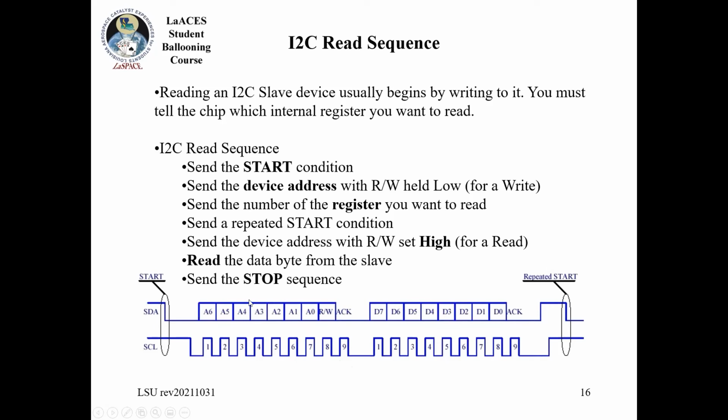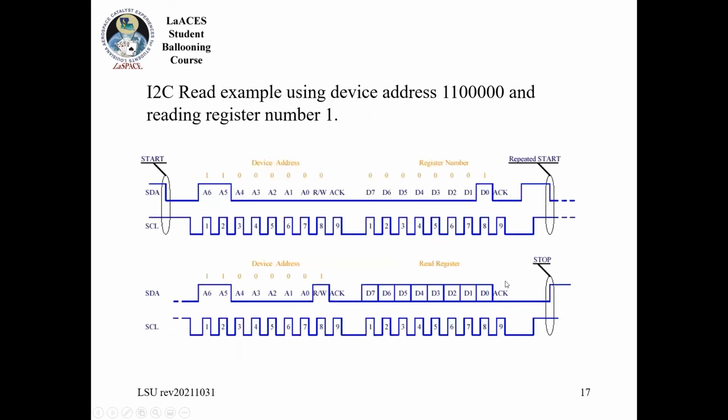This is going to be how you're going to use it often. You're going to ask for a read and then you'll get actual data back from, if this is a sensor, these would correspond to the value that the sensor is reading out. So this is just a more concrete example.